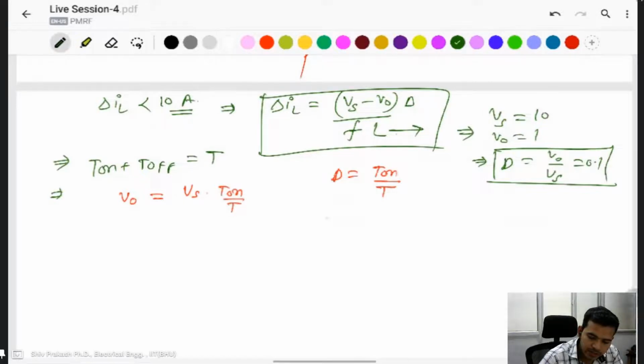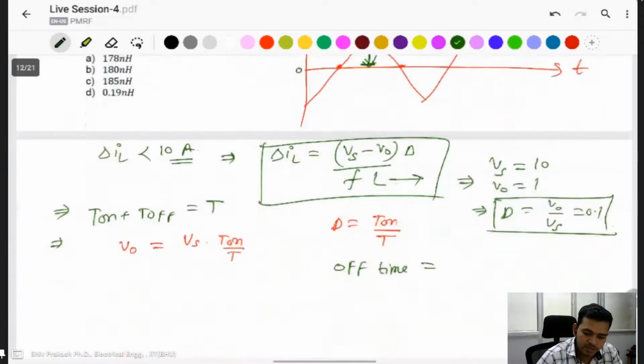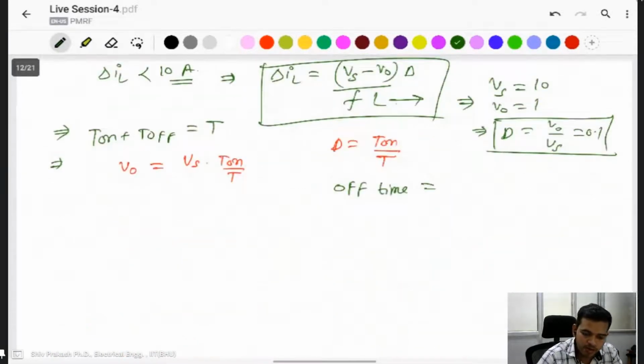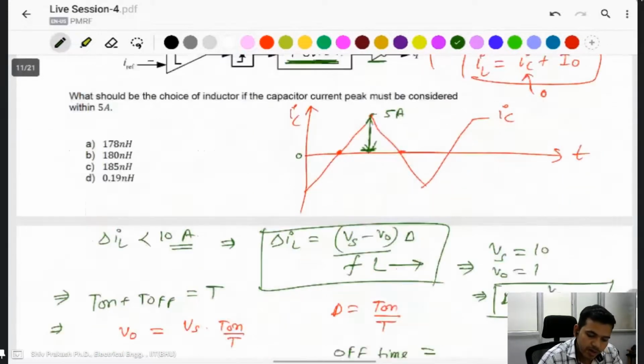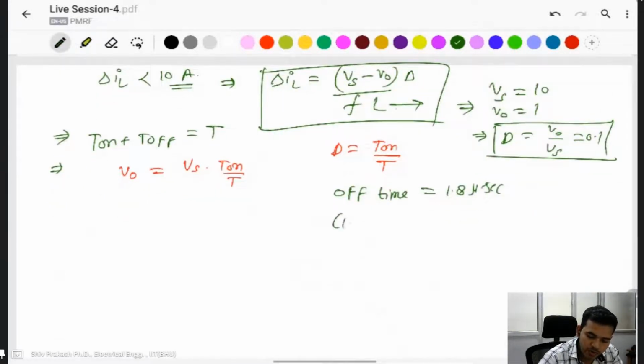The off time is given. This is used for the on time control, but it is not connected here, so it is connected in the off time. Off time is given as almost 1.8 microsecond. For the off time we know it is (1 minus D)T.